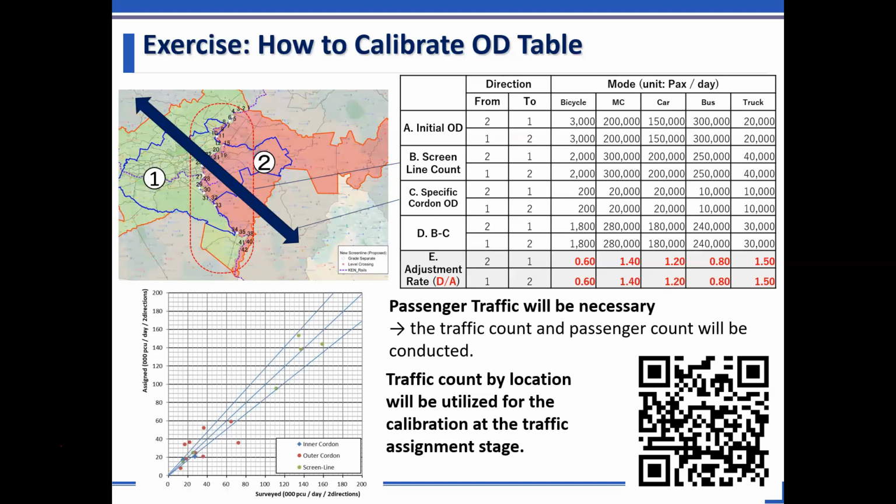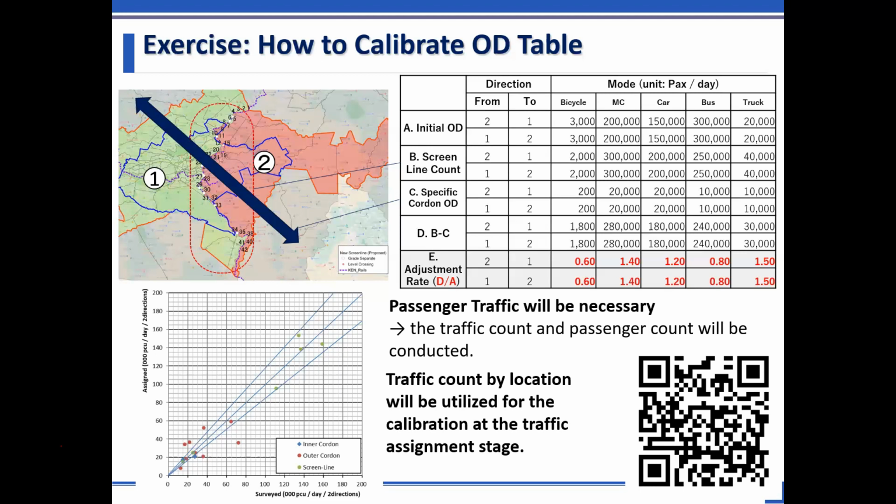However, someone made a mistake about A per D, not D per A. So if you can understand the purpose of these surveys and the calibration method, I think you already have enough knowledge about how to calibrate the OD tables for demand forecasting.